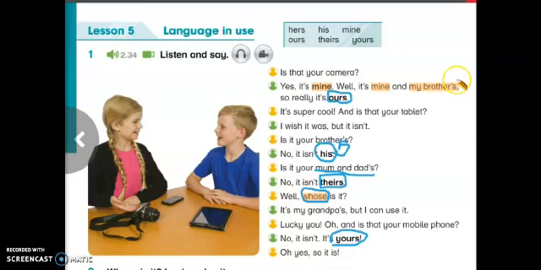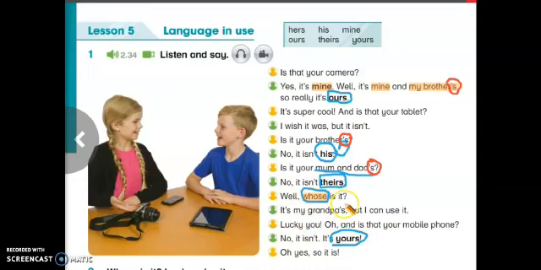And also, my students, pay attention. Here we have apostrophe s which is possessive s وهي s الملكية. Also here we have another possessive s, brother's. Is it your brother's? وهي s الملكية. Also here we have another one, dad's. This is possessive s.